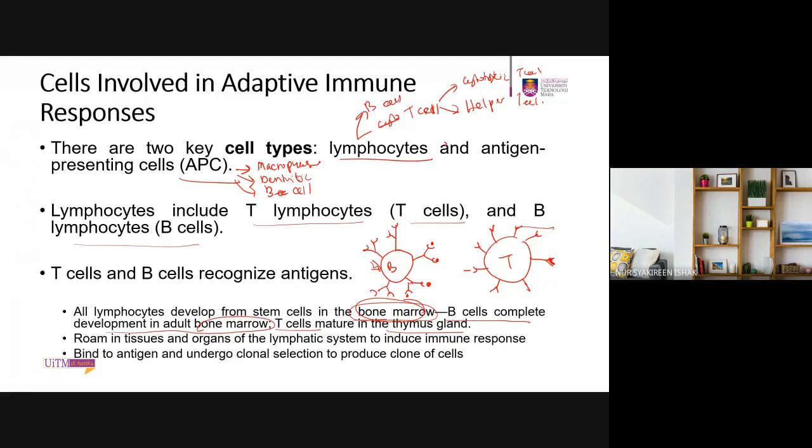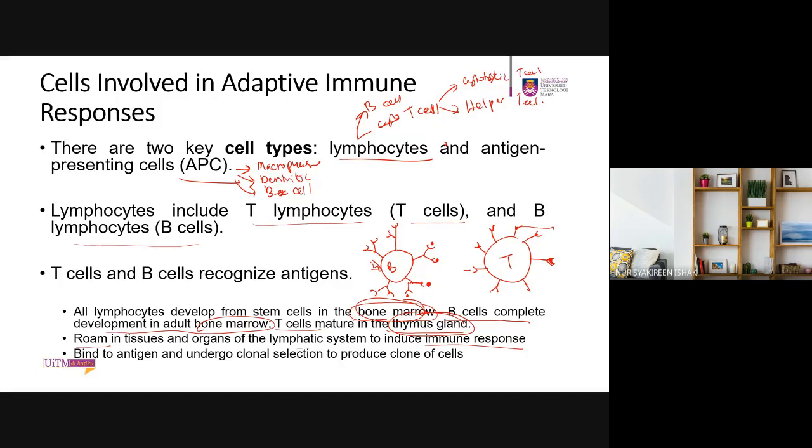But the one that will become T cell will go to the thymus and mature in the thymus. Thymus tu gland kan? Gland yang ada dekat atas jantung. Okay? Thymus gland. So they roam in the tissues and organs of the lymphatic system to induce immune responses. So dia akan circulate in body tissues and organs of the lymphatic system to induce immune responses.